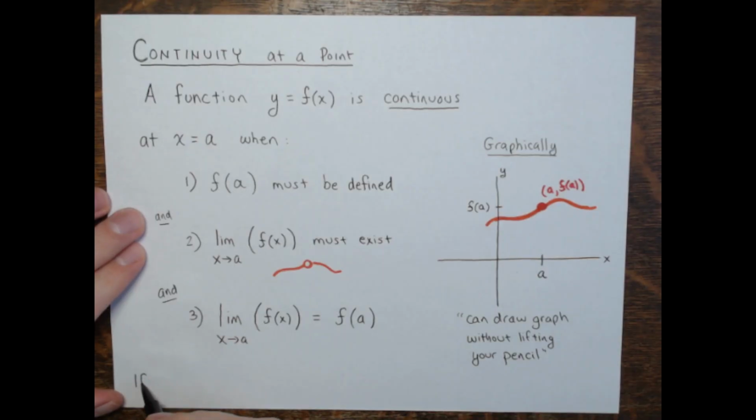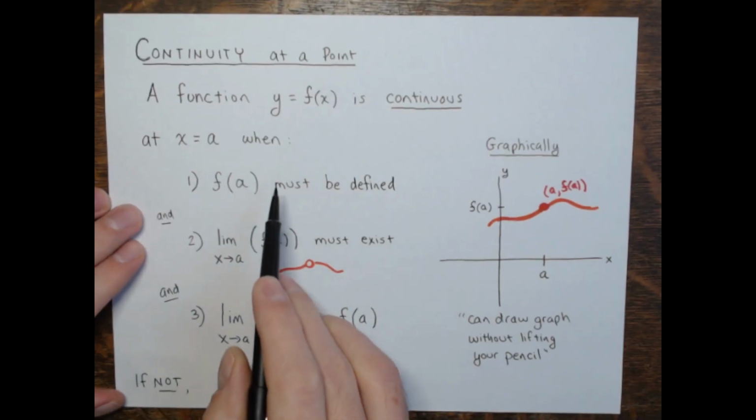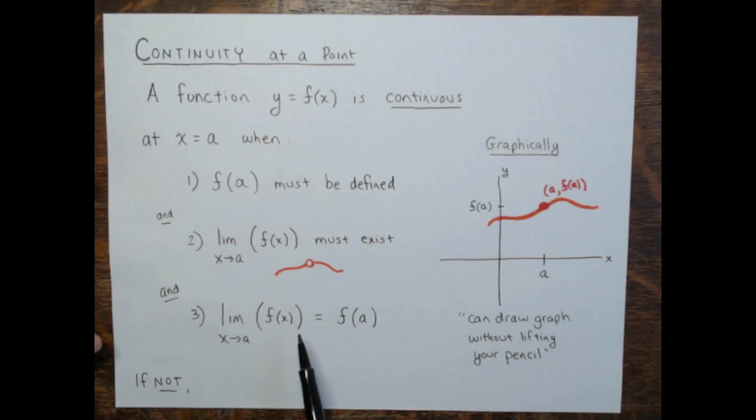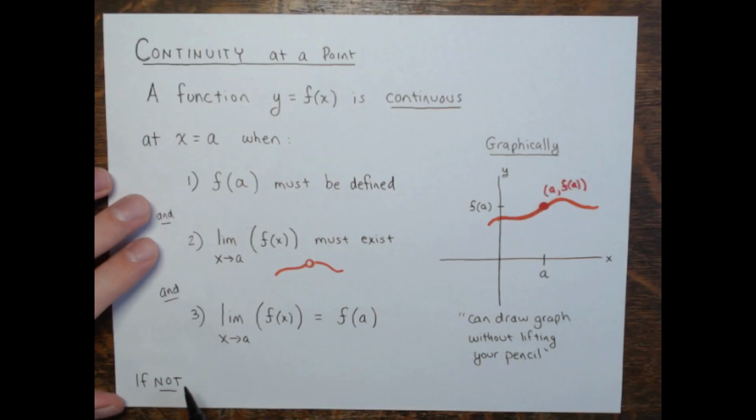If not, if any of these three conditions are not met, then the function is called discontinuous at x equals a, or it is not continuous.